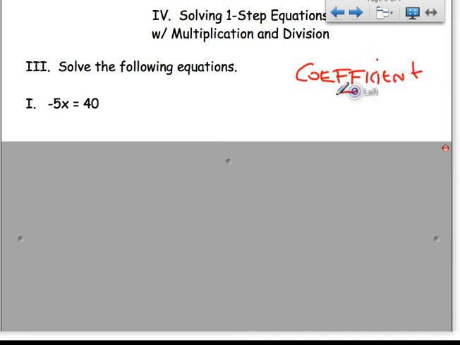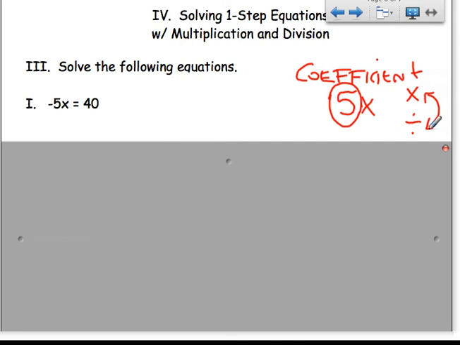Anytime you have a number next to x, we need to cancel that number, the coefficient, by doing the inverse operation, so that if you see multiplication, you'll divide, and if you see division, you'll multiply. You'll use that inverse operation.